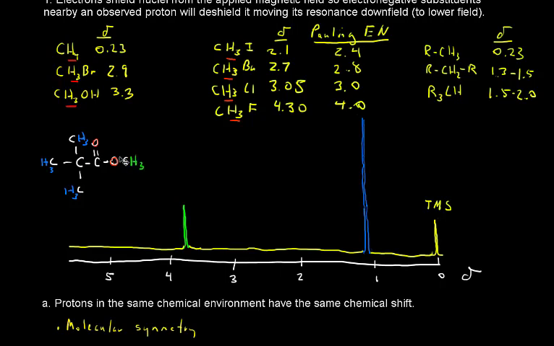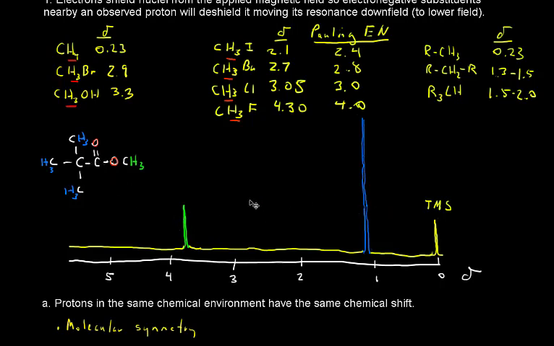So we've got protons that are close to an electronegative oxygen, and we've got protons that are on carbons bonded to a less electronegative carbon, less electronegative that is than this oxygen. So note what being close to the oxygen does to the chemical shift of these protons. The green resonance here corresponds to this methyl, the protons in this methyl group. The blue protons are this resonance right here, very far upfield compared to this one.